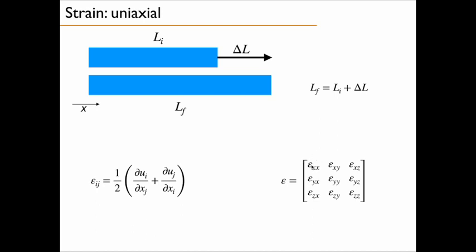You see that in 3 dimensions it will have 9 components. You have the diagonal components, which are strains in the direction normal to each of the faces, epsilon xx, yy, and zz, and these are the shear strains. These are symmetric.